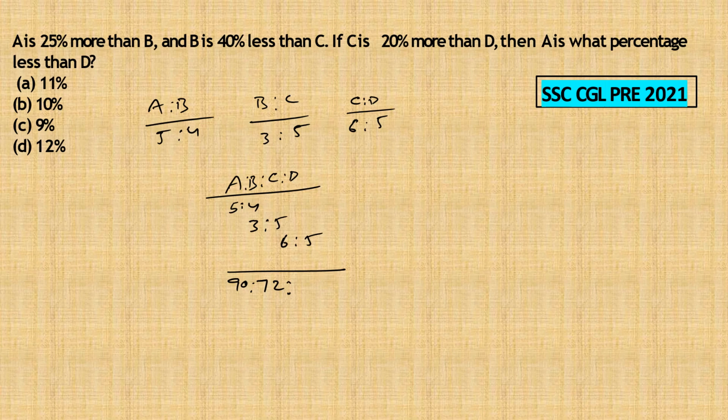The ratio of C is 4 into 5 into 6, 4 5s are 20, 20 6s are 120. And the ratio of D is 4 into 5 into 5, 4 5s are 20, 20 5s are 100. A is what percent less than D? That is 100 minus 90, 10 upon 100 into 100 is equal to 10%. That is the answer.